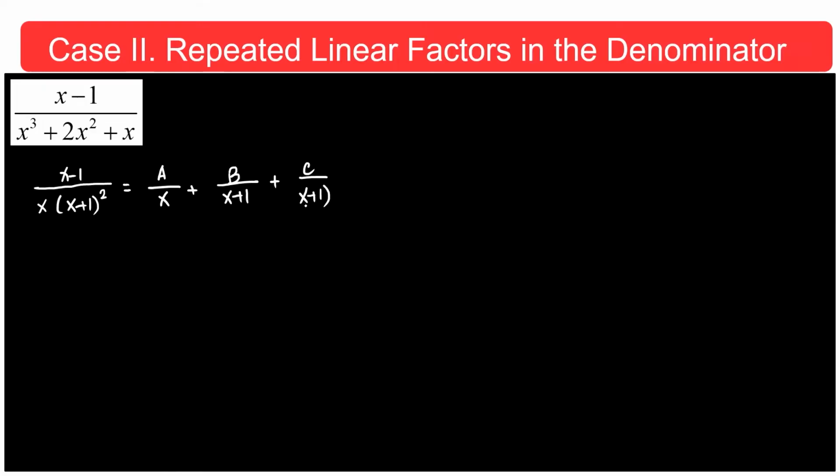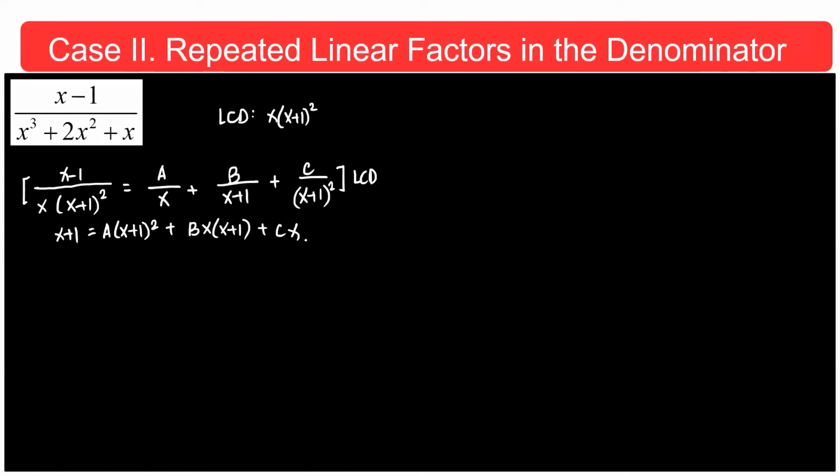But then they're repeated. So if I multiply everything by its LCD, again, what's the LCD? The LCD would be x plus 1 squared. The left side would remain the same. This one would be x plus 1 squared. This one would be x plus 1. And then this one would be x.